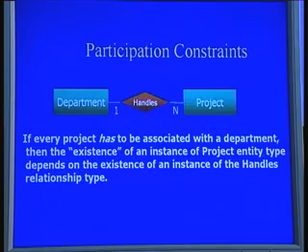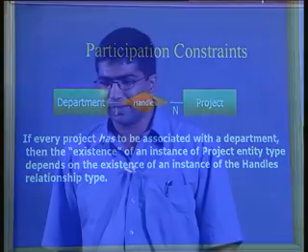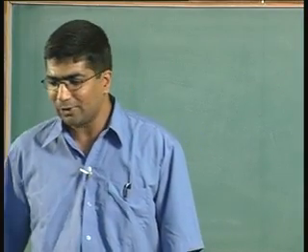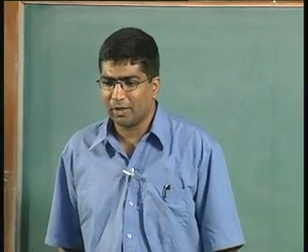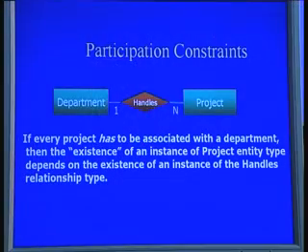Okay, the second kind of constraint that's important is what are called participation constraints. What is a participation constraint? Take a look at this slide here. Now this slide shows another relationship type which says department handles project.